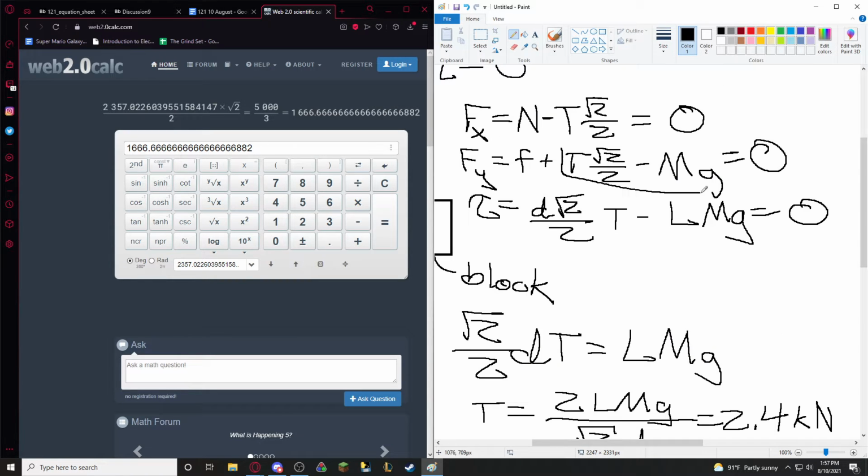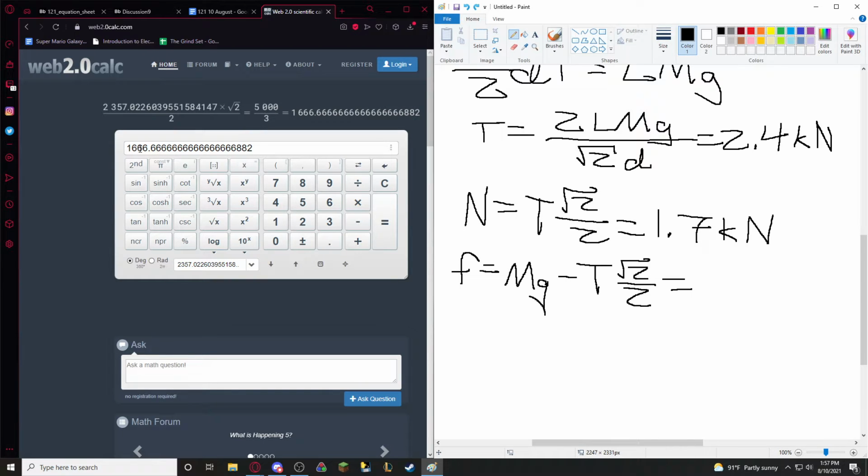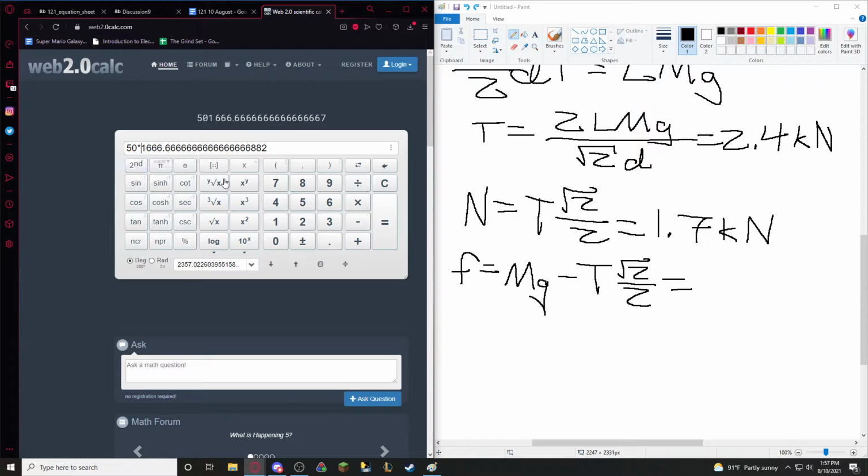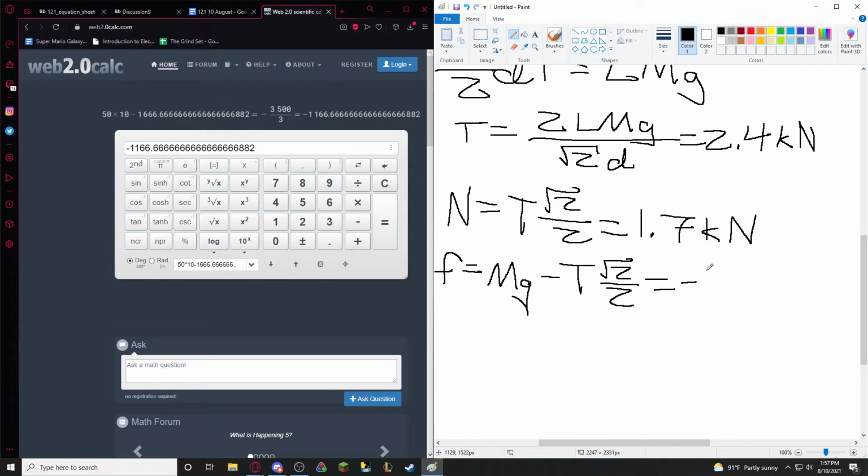Just moving all this stuff to the right side, it is equal to 50 times g minus T root 2 over 2, which is the same thing as the normal force. We have a frictional force of negative 1.2 kilonewtons.